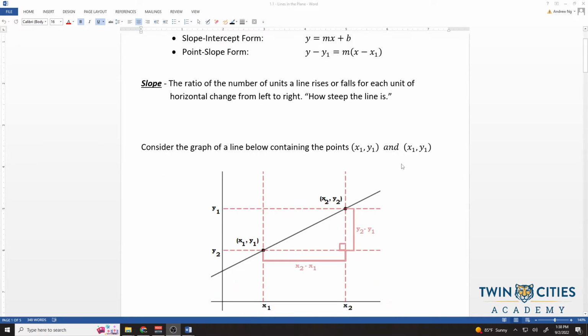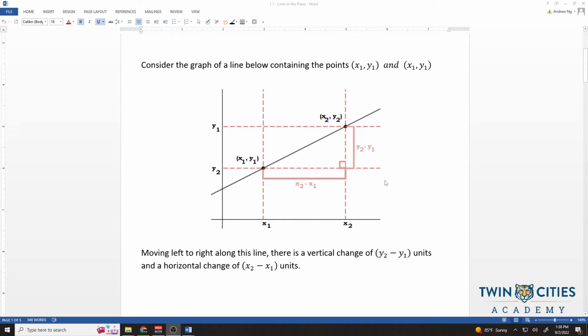Let's take a look. Let's say I've got this graph here. There's a line, and on this line, I've got 2 points. One point is point 1, the other is point 2. For simplicity's sake, we'll call this point 1, so this makes this x1, y1, and we'll call this point 2, so this is x2, y2. Well, with this, I've got a distance between the x values, and I've got a distance between the y values.